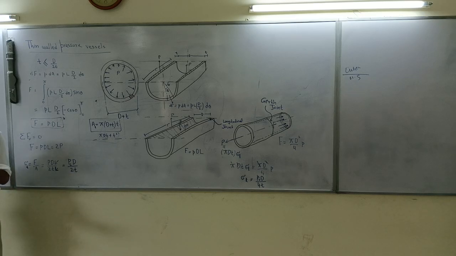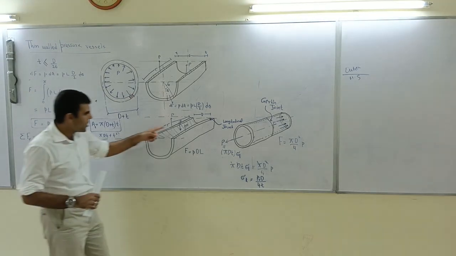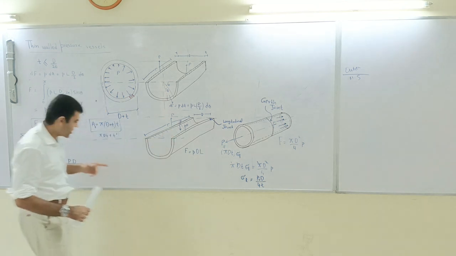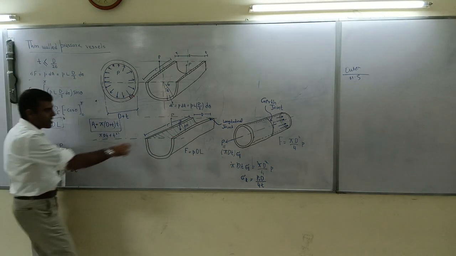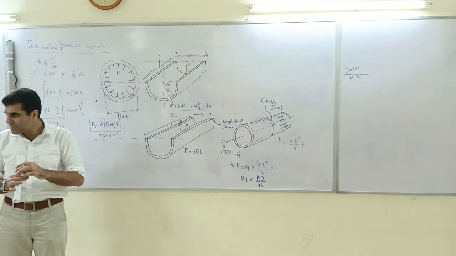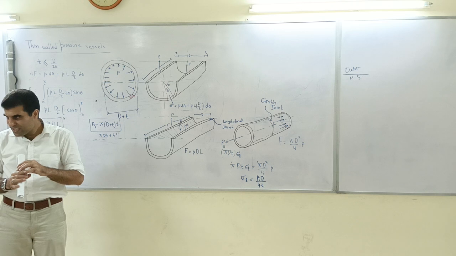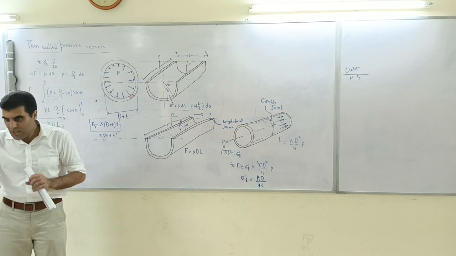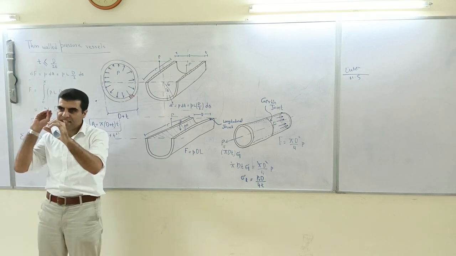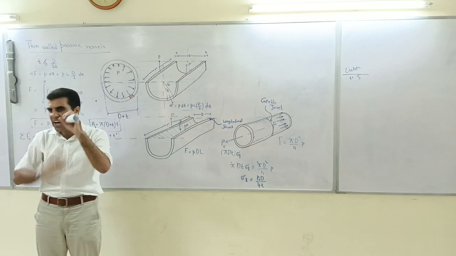Now from this stress tangential you can work out the load P, can't you? The stress tangential times thickness times L will give you the load. So imagine I've got this paper and there is some gas or some fluid running through it.